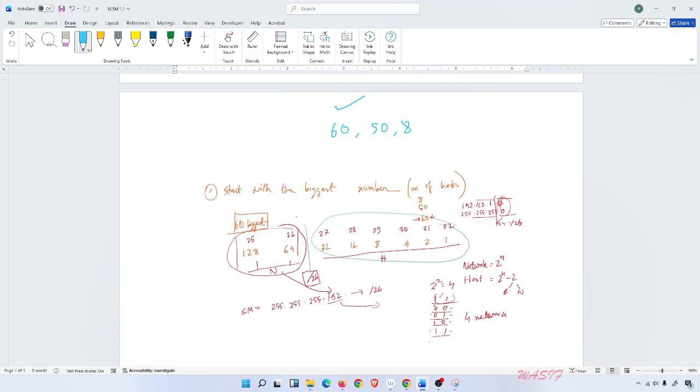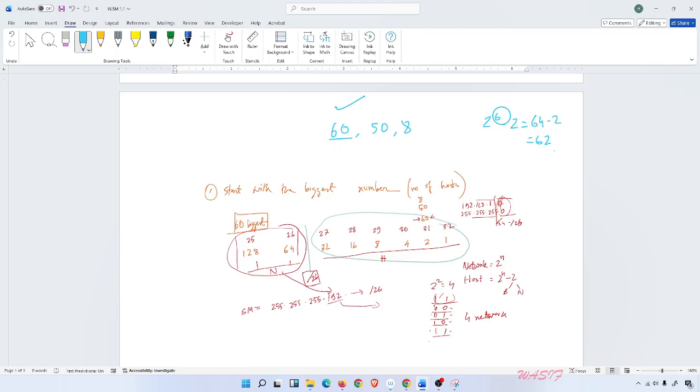How many host bits do you need for 60? If you do 2 to the power 6, it is 64, and minus 2 means you have 62 IP addresses. So I need only 6 host bits.